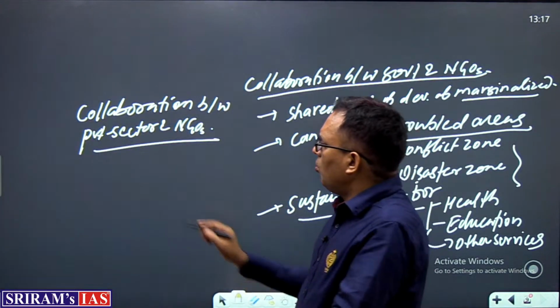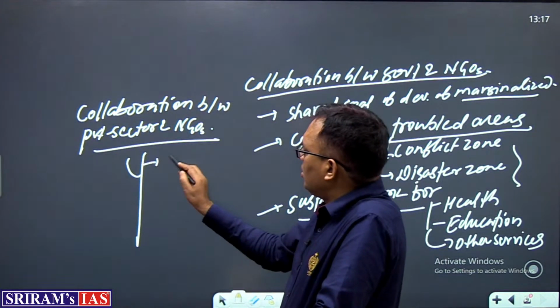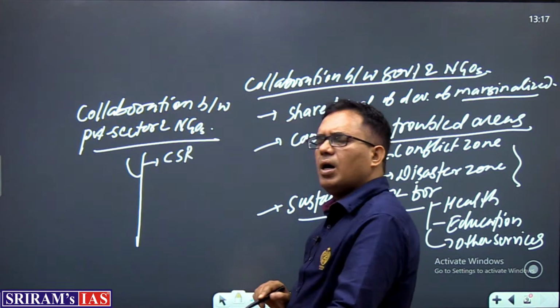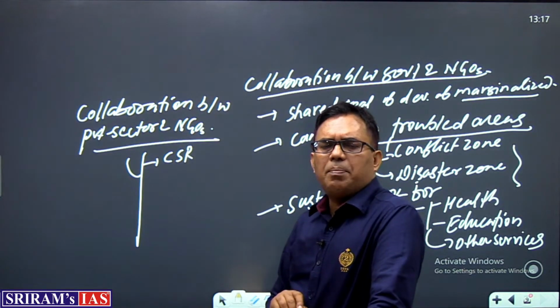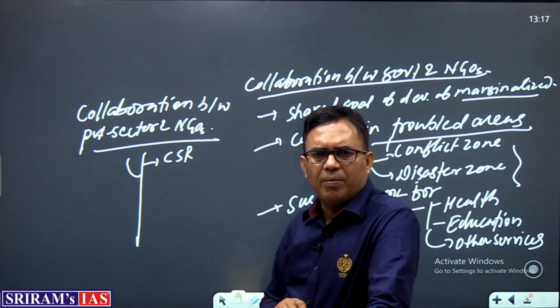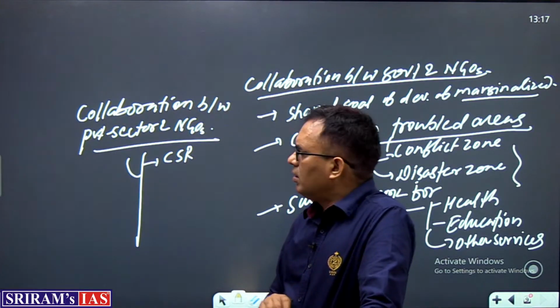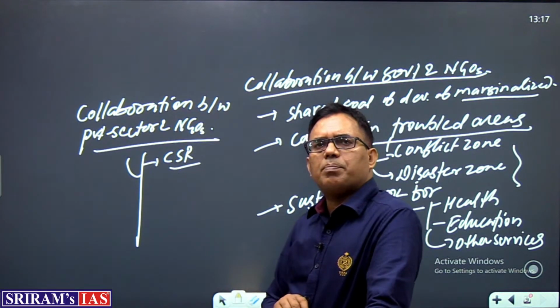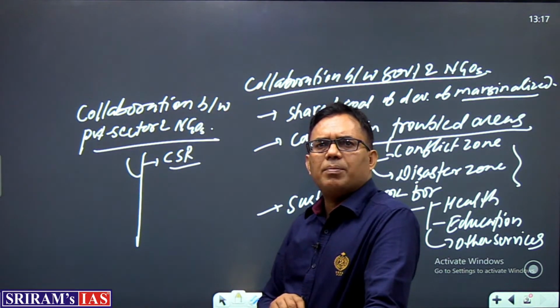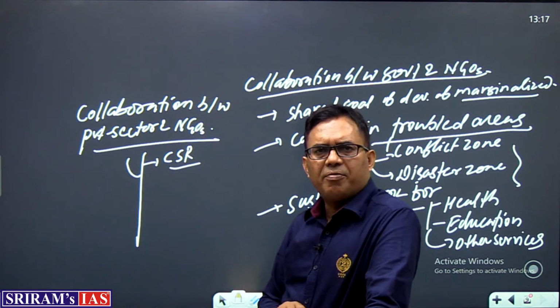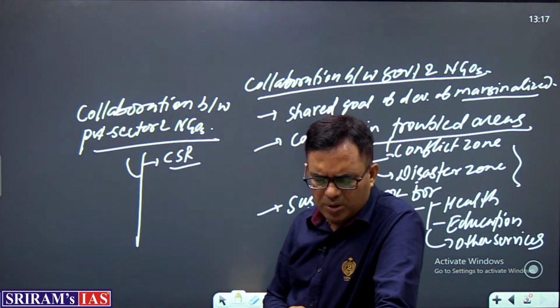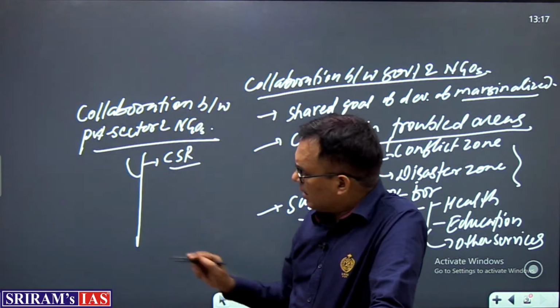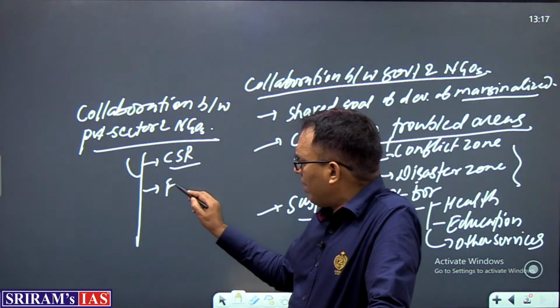Today, as you know, one point we can mention in our answer, like CSR, under the corporate social responsibility, that is the part of the corporate governance today. So, under CSR, private sector provides some resources to the different NGOs to work for marginalized people, environmental issues, etc.